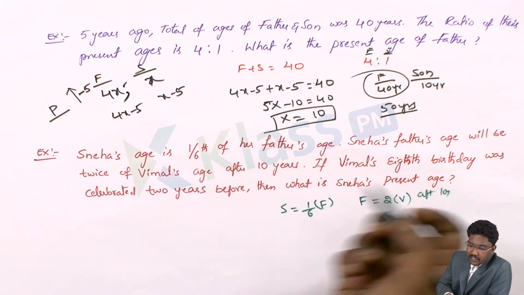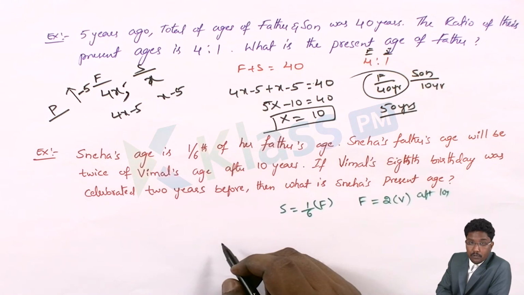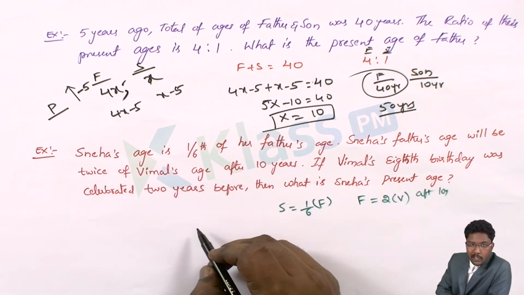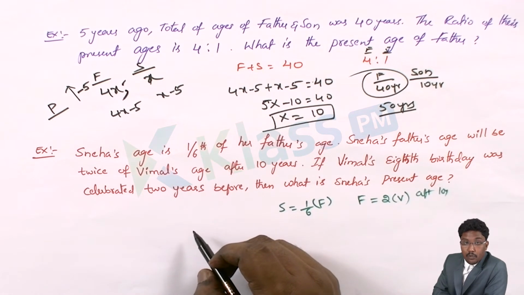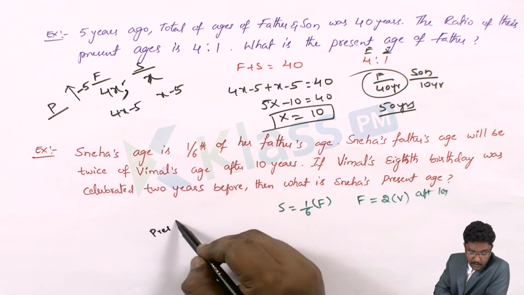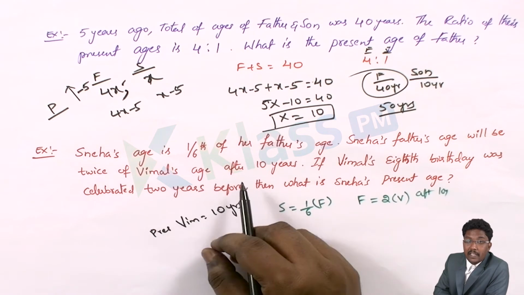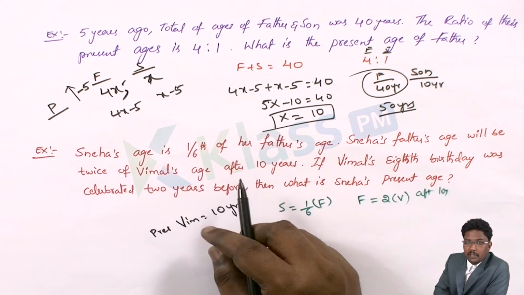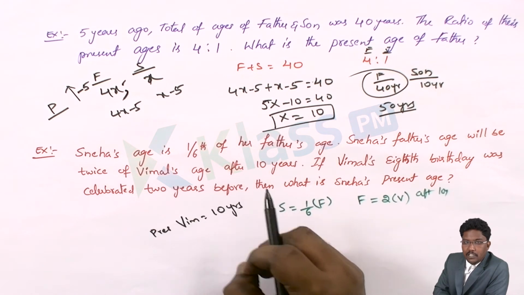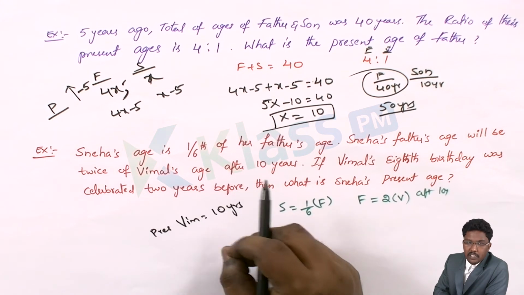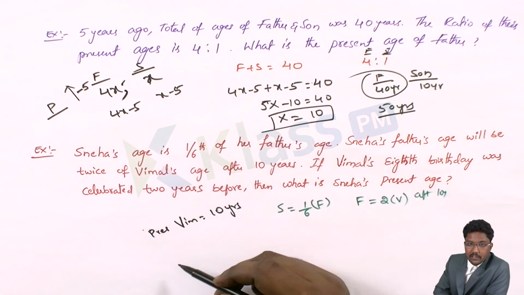If Vimal's 8th birthday was celebrated 2 years before, so present age of Vimal is 10 years. Two years back his 8th birthday was completed, which means this year is his 10th birthday. So he is 10 years old.